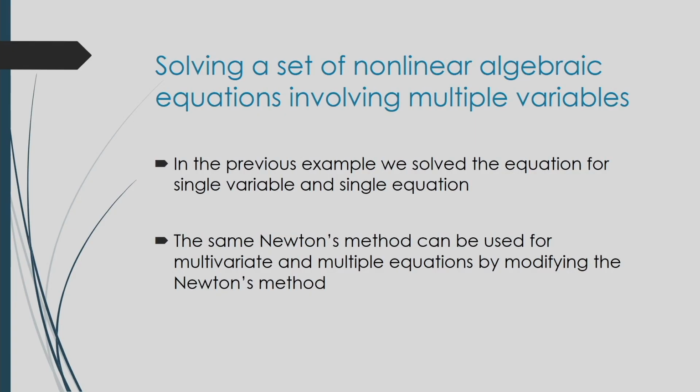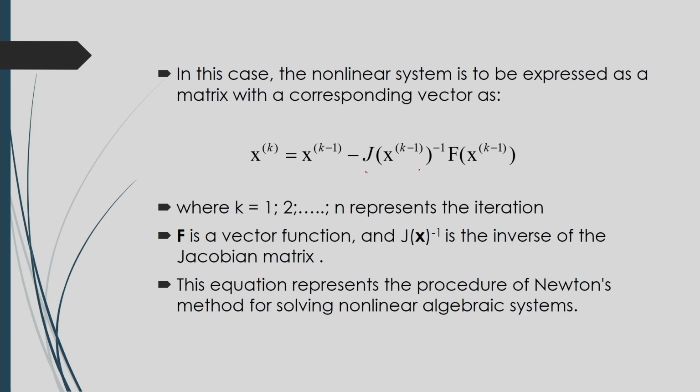We can also use the same Newton's method for multiple equations by modifying it, and in this case you have to consider a matrix called the Jacobian matrix for this modification of Newton's method.